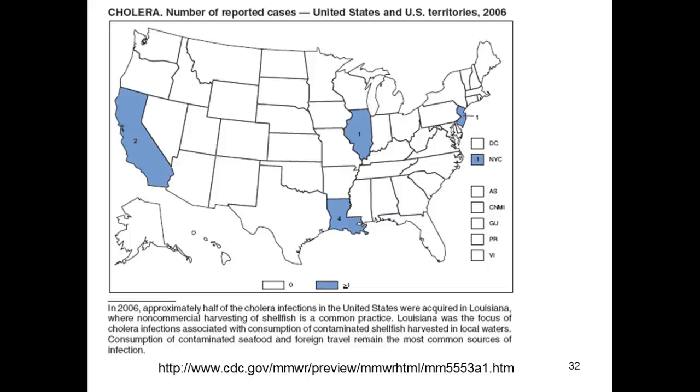So this was an older slide that I kept in the presentation, only because at that particular year we had 4 cases. As you can see, very few cases each year, and we'll look at some of those numbers. But the focus was cholera infections were associated with consumption of contaminated shellfish harvested in local waters.